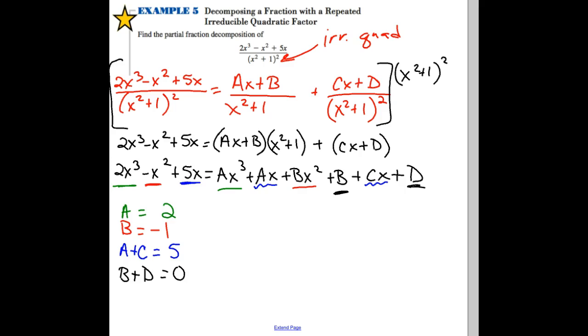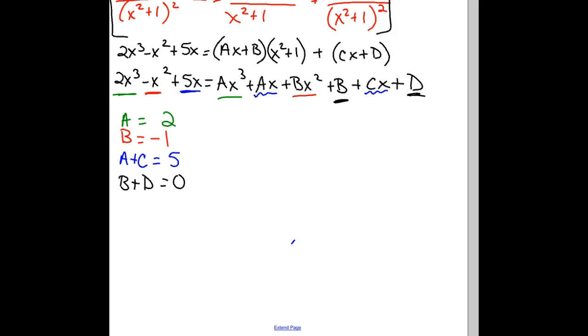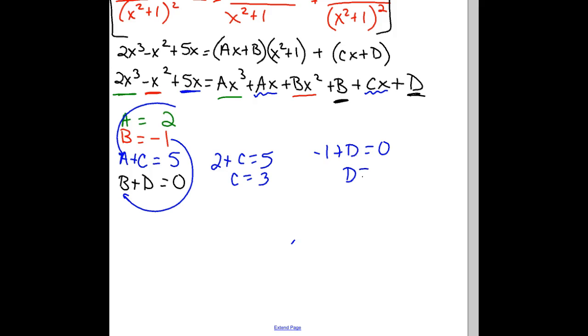We've already got 2 of our variables figured out. So if we know that a is 2, we can dump that in. We have 2 plus c equals 5, which means c has to be 3. If we know b is -1, we can dump that in. We've got -1 plus d equaling 0. So d has to be 1.